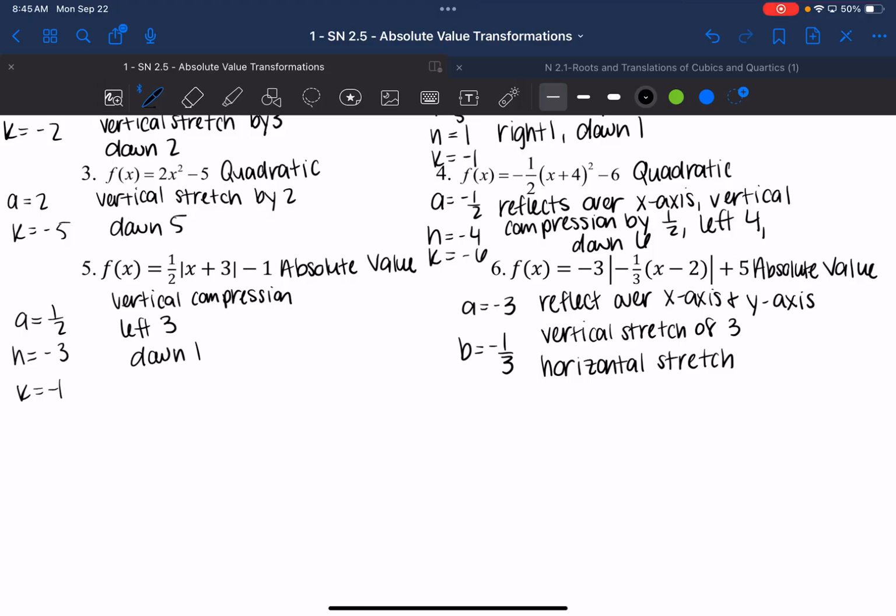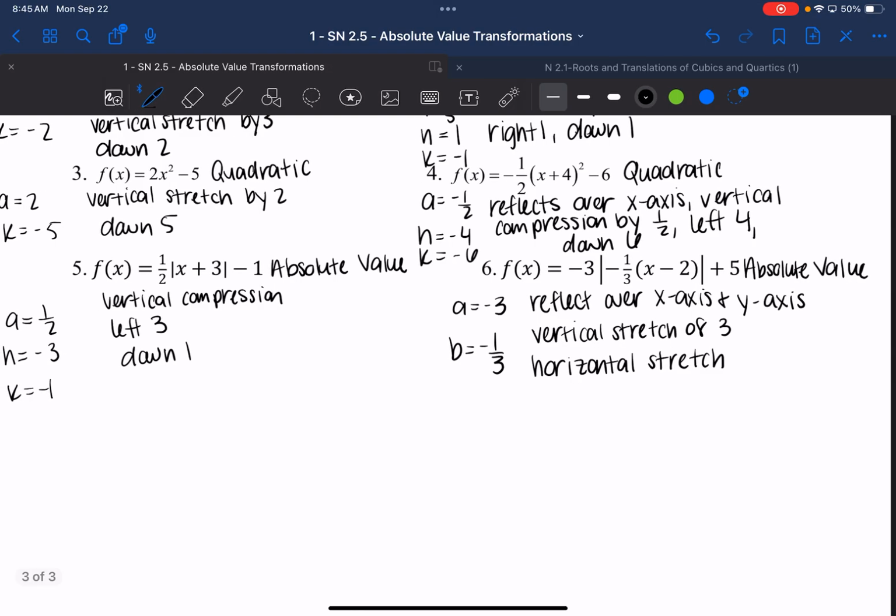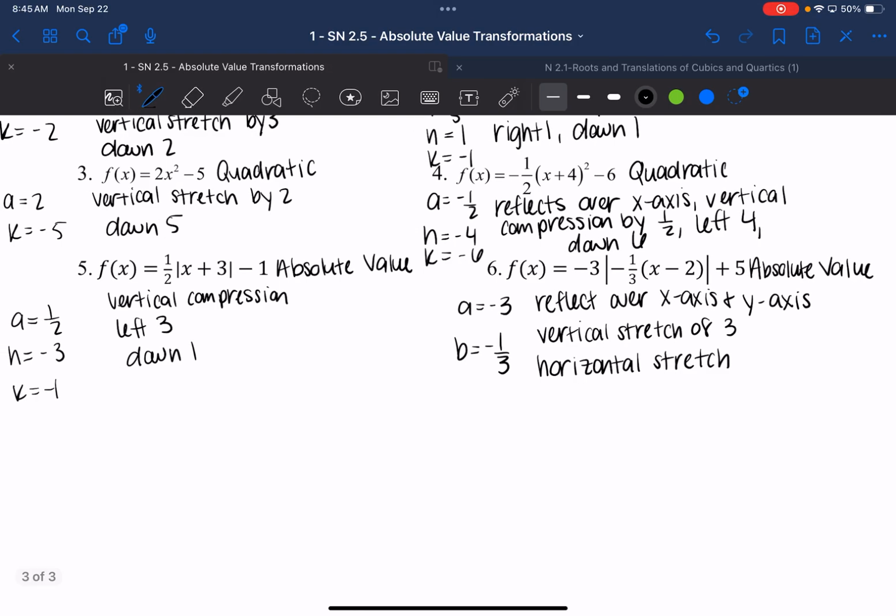Okay, and remember the way that we find what value it is stretching or compressing by is the absolute value of 1 over B, right? So if you were to just look at this part, we know we're going to keep change flip.